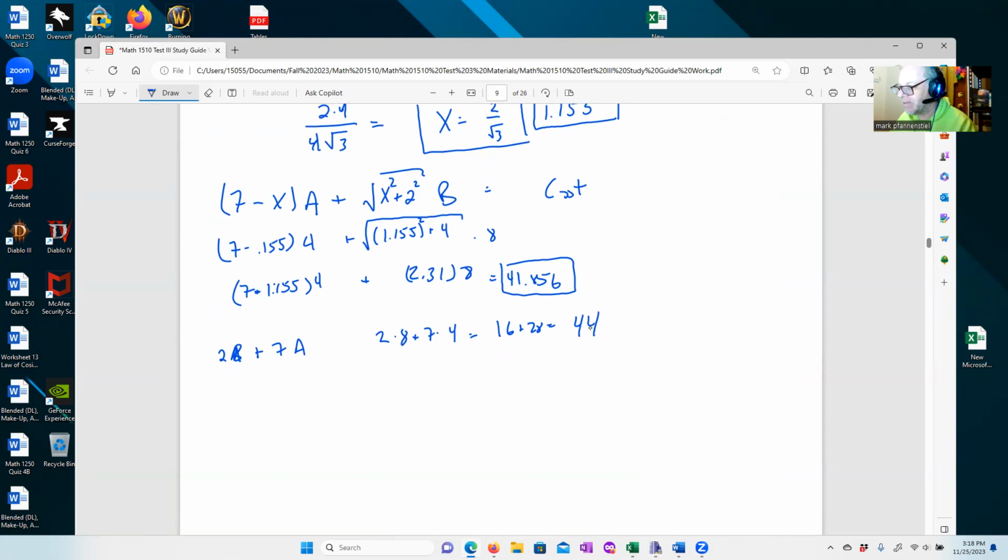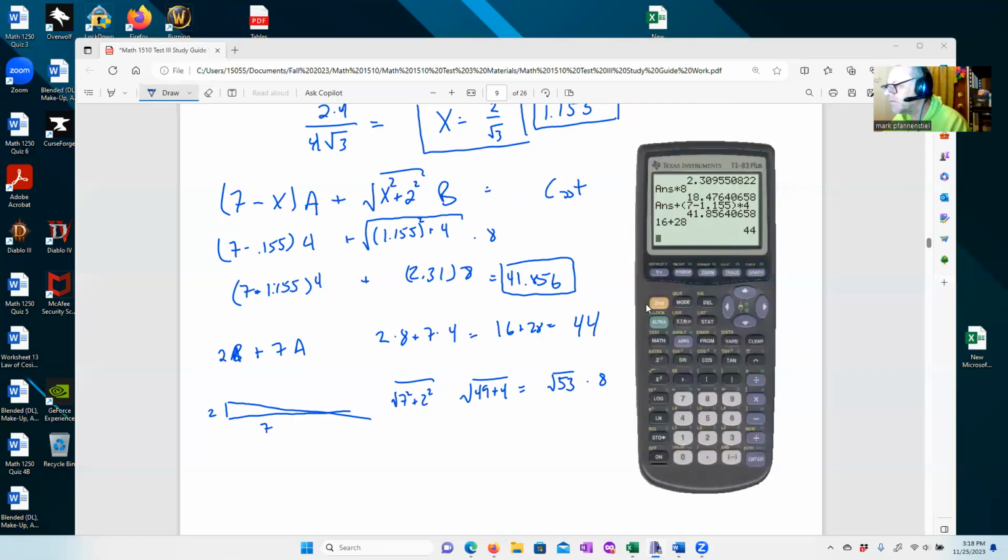I guess we could figure out the whole river. So this is my 2 to 7. So I guess the whole distance is going to be the square root of 7 squared plus 2 squared. So that's going to be the square root of 49 plus 4, or the square root of 53 times 8. So if I go back to my calculator here, we have 8 times the square root of 53.